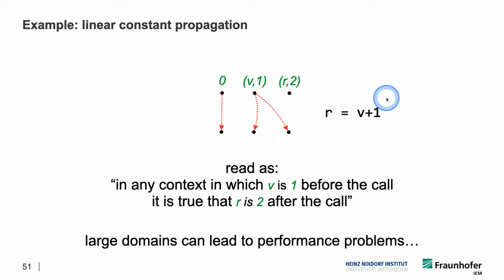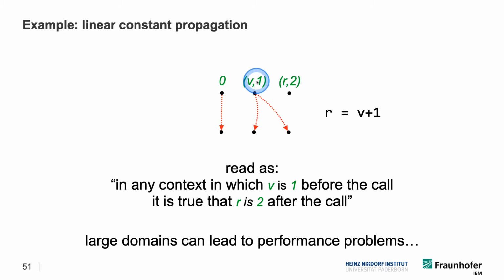And that you will see when you look at how this would need to be encoded. As opposed to a taint analysis, we now not only need to store the information that v or r is tainted, but we need to associate with each of these variables a concrete value, in this case an integer. That means that our data flow domain will look like this, right?